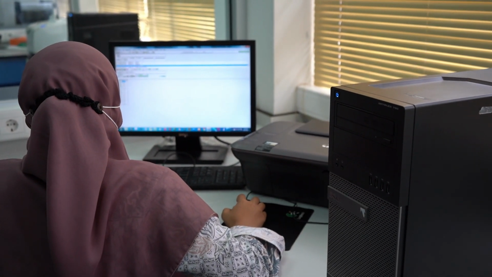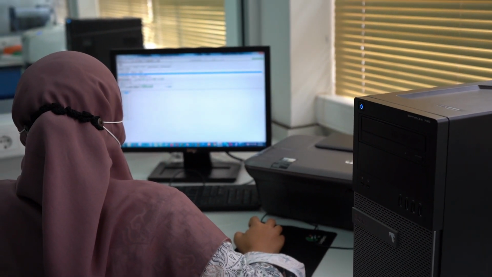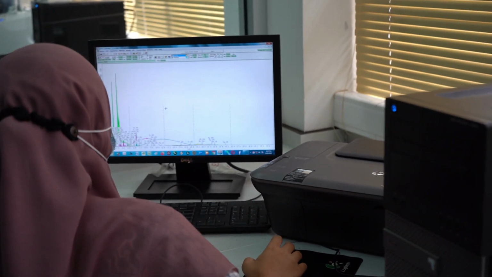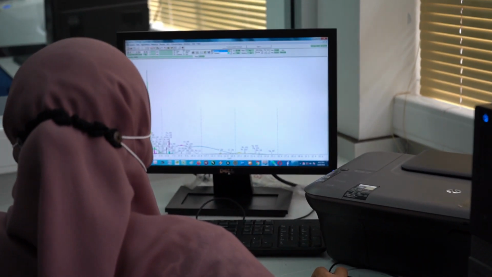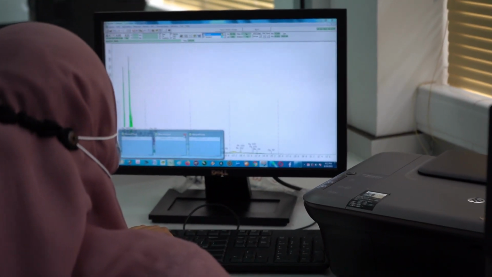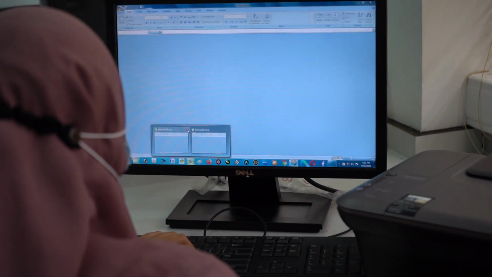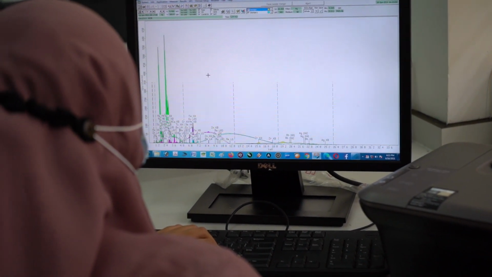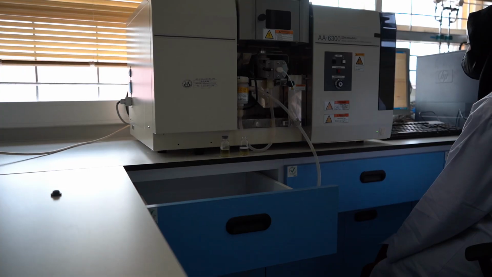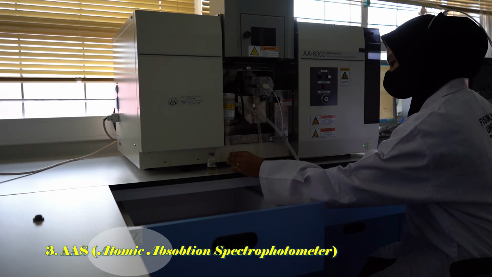Each of the elements present in a sample produces a set of characteristic fluorescent X-rays that is unique for the specific element, which is why XRF spectroscopy is an excellent technology for qualitative and quantitative analysis of material composition. Then, this is AAS.